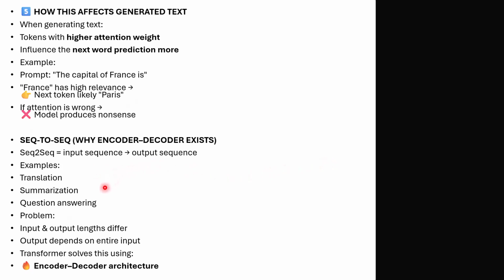We use it for summarization, question answering, and problem solving. We give an input and it gives an output. The lengths differ, and the output depends entirely on the input given. The transformer solves this using encoder and decoder architectures.